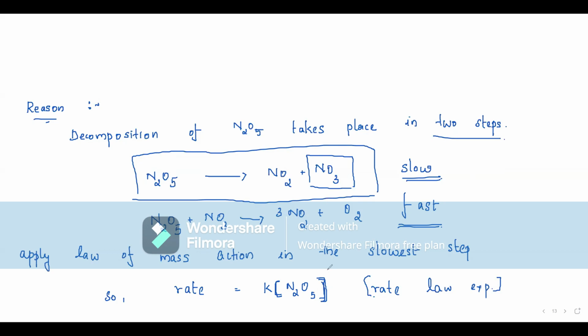It is raised to 1. So here the order of the reaction is 1. This is an example of a first order reaction, whose order is 1. Sum of powers in the rate law expression is 1. So this is a first order reaction.